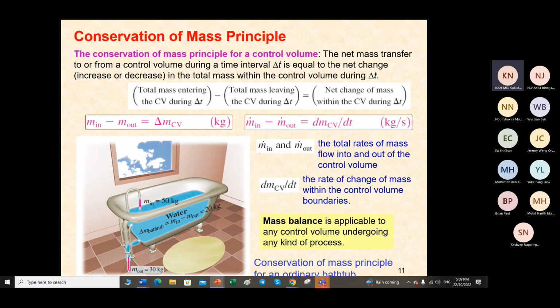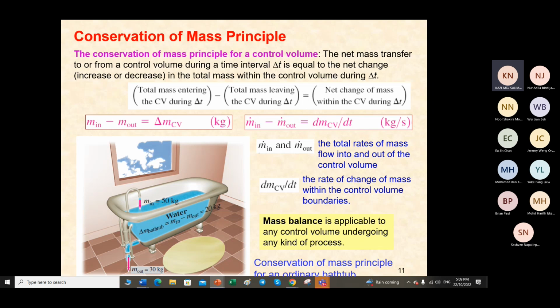So we move on further: conservation of mass principle. We can see that the total mass entering the control volume during the time difference delta t, minus the total mass leaving the control volume in that delta t time, is equal to the net change of mass within the control volume during delta t.